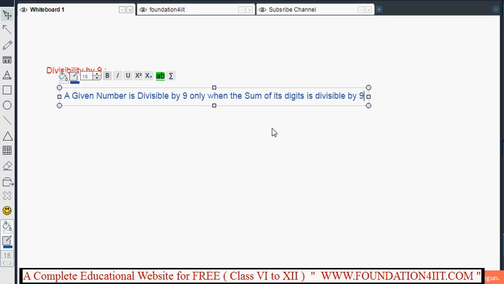So when you add the digits, if the sum is divisible by 9, then that number is also divisible by 9. Same rule as for 3.